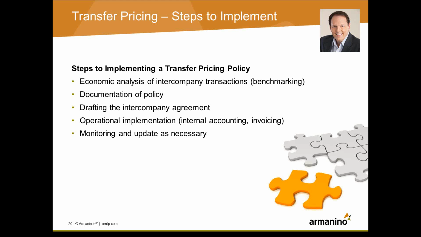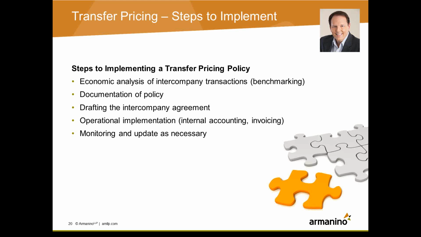And maybe just to point on that operational implementation, as Kevin mentioned, the intercompany invoice is really important. But just to use an example, you have a U.S. company with a sales and marketing service entity in the U.K. First thing you need is the intercompany agreement that spells out the rights, risks, and responsibilities of each party. Then you have to develop the pricing associated with that, cost plus 5% or 7% or whatever that benchmarking analysis results in.